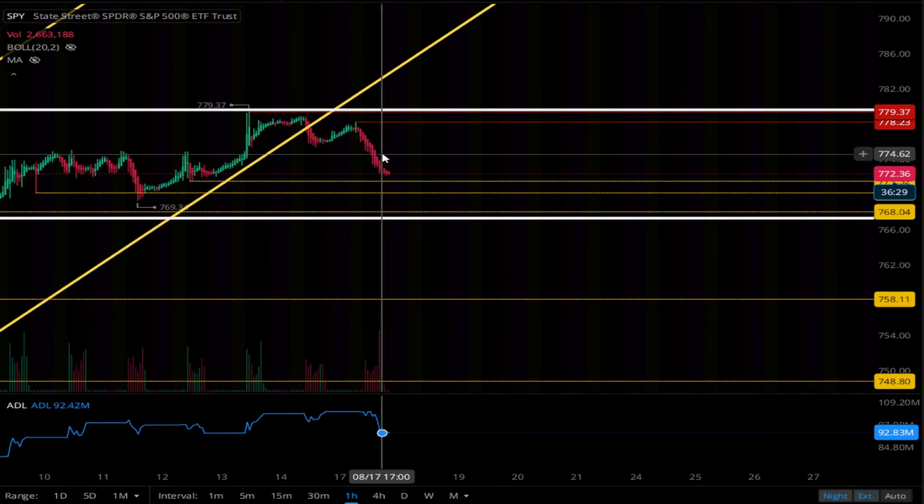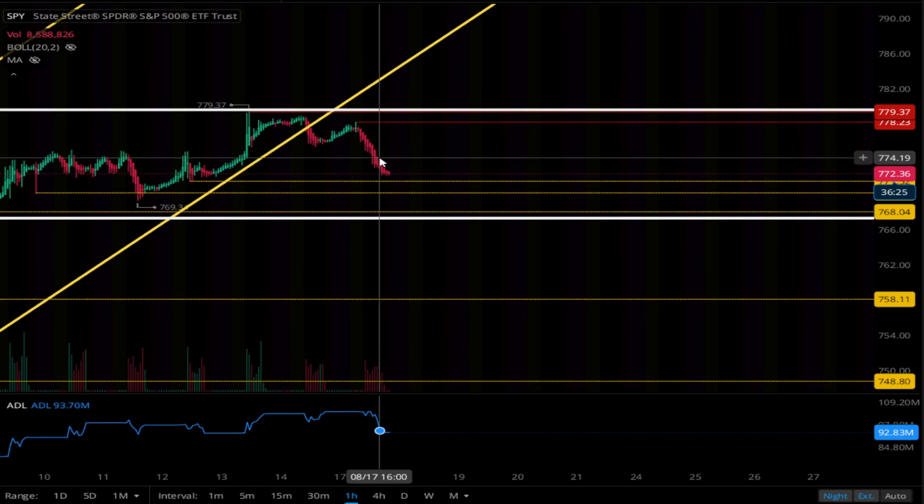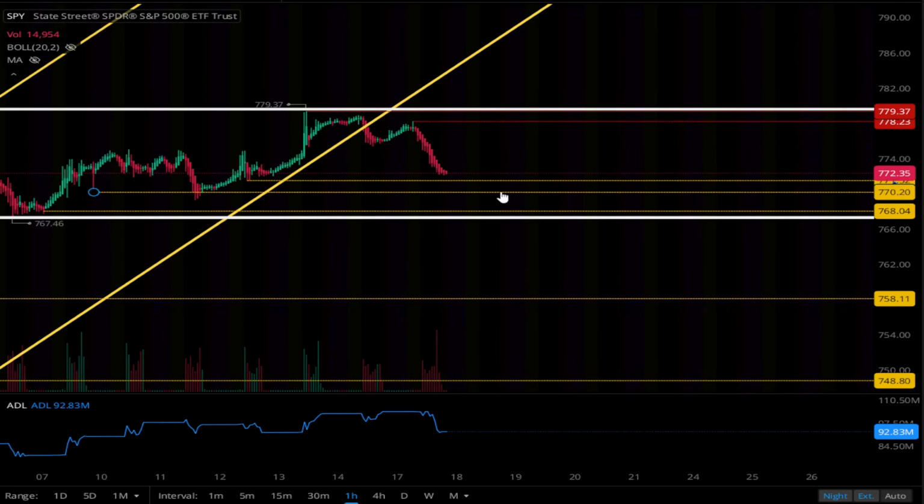So from retesting the 5-day moving average and the 10-day moving average, if we continue breaking down through this 10-day moving average, then our expectations should be to start pushing into these supports, which again are 771.52, 770.20, and 768.04.